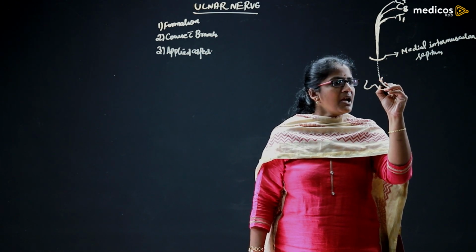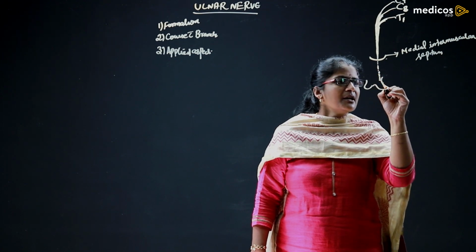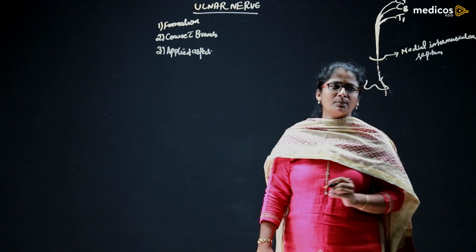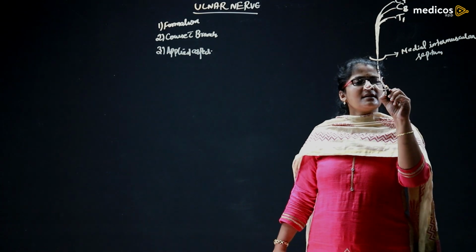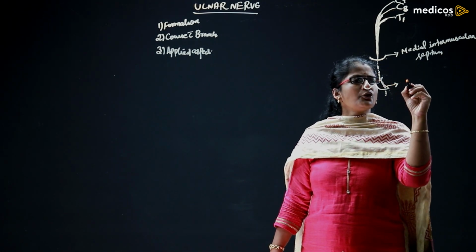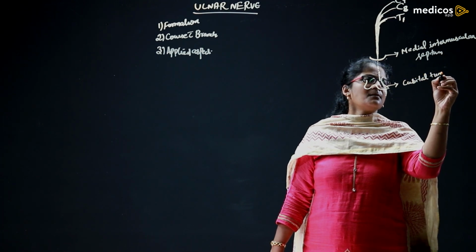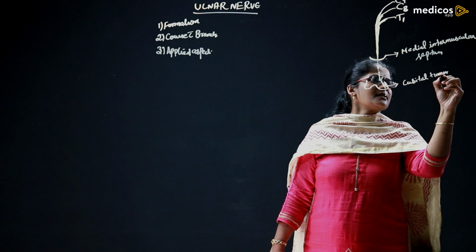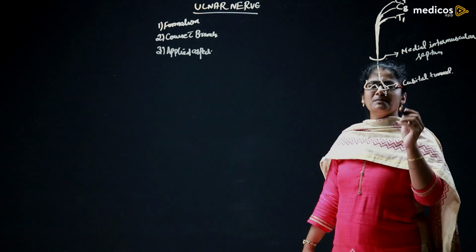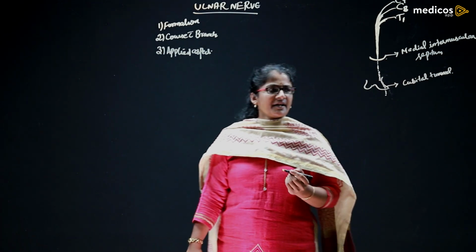Then it reaches behind the medial epicondyle of the humerus. Here it is converted into the cubital tunnel. The cubital tunnel is the fibrous band extending between the medial epicondyle and the olecranon process.